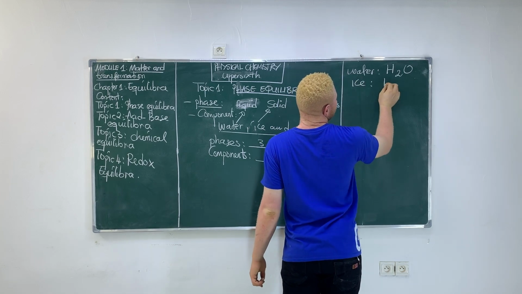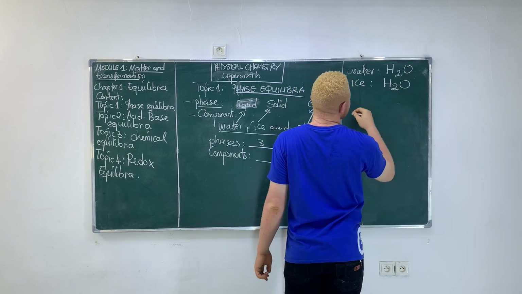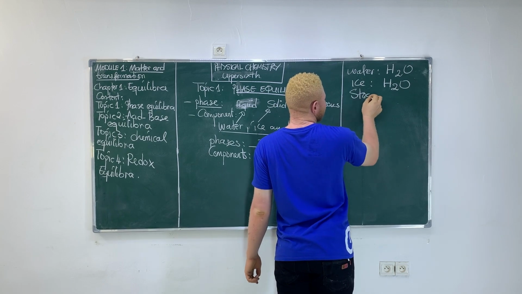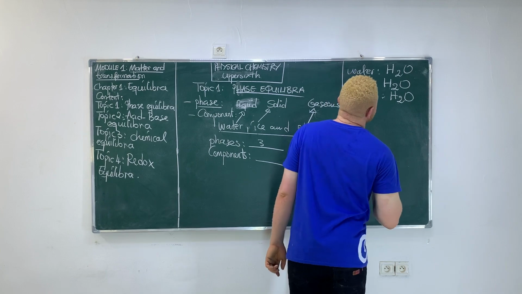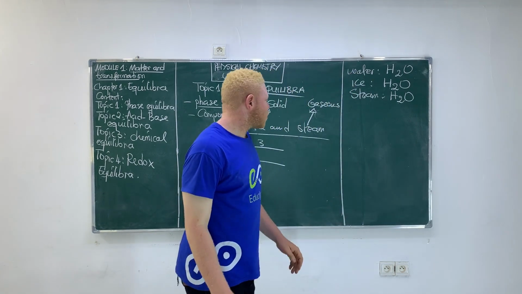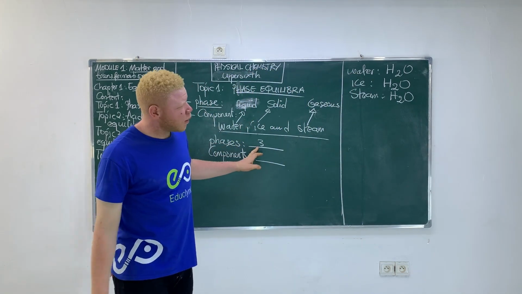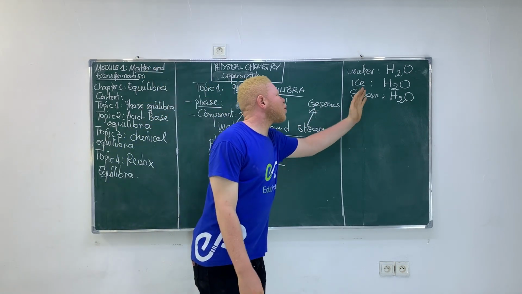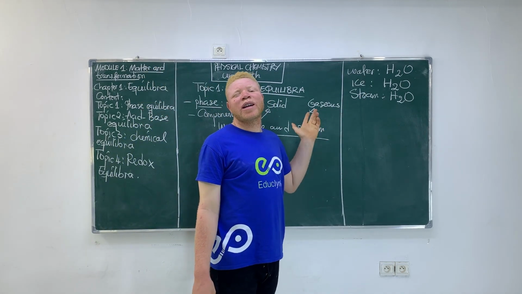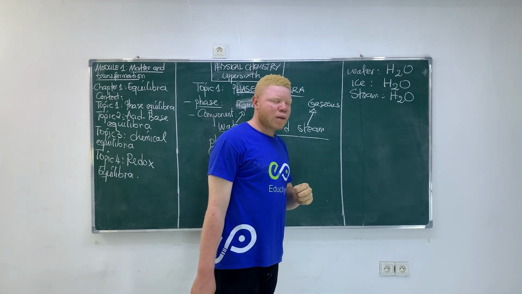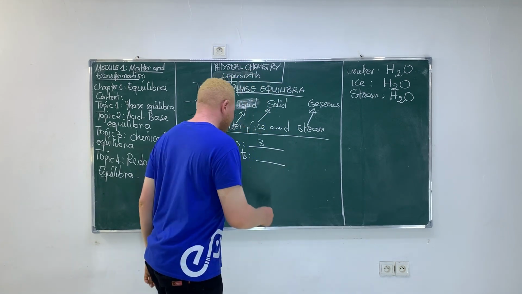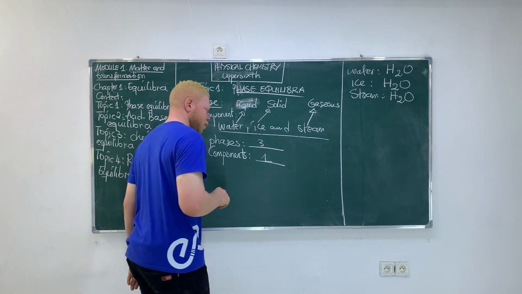Ice, the formula is H2O. Steam, the formula is H2O. How many components? Still water, even though it's water, ice, steam. So the number of components is one.